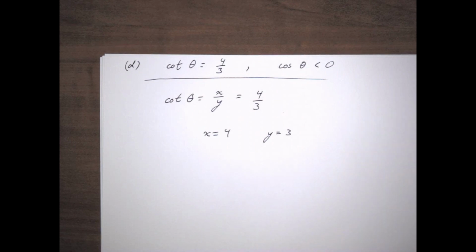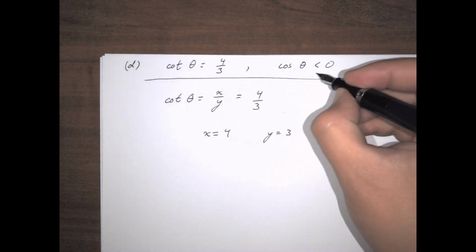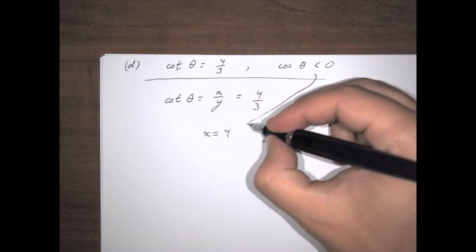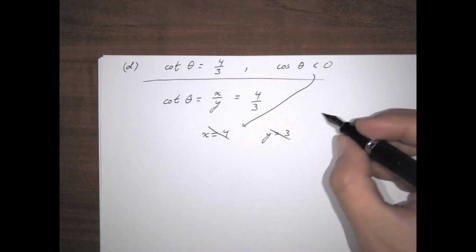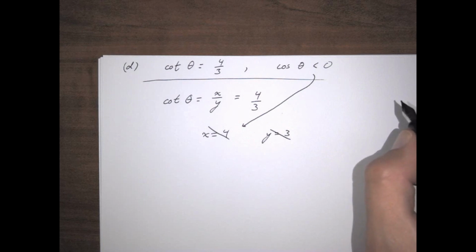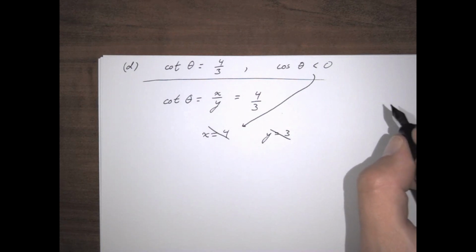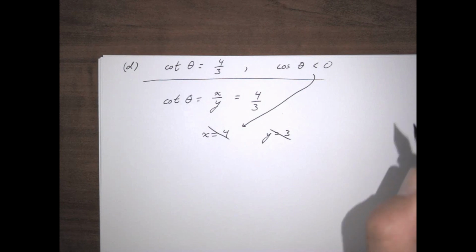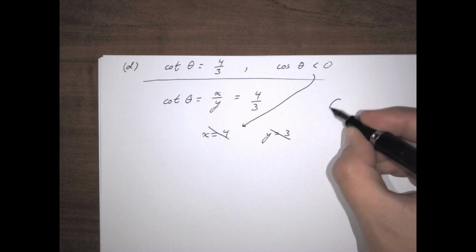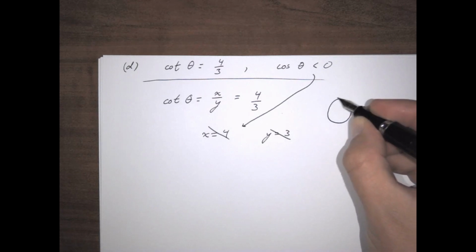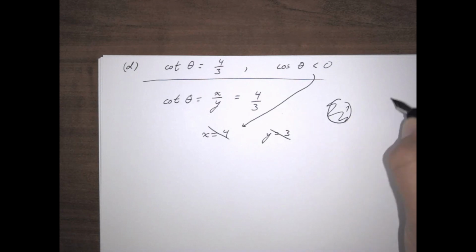However, this would invalidate that. So what are we going to do here? We need these to equal 4 over 3, but we can't actually have the x be 4 and the y be 3. The only way to make this work is if we think about the quadrants.